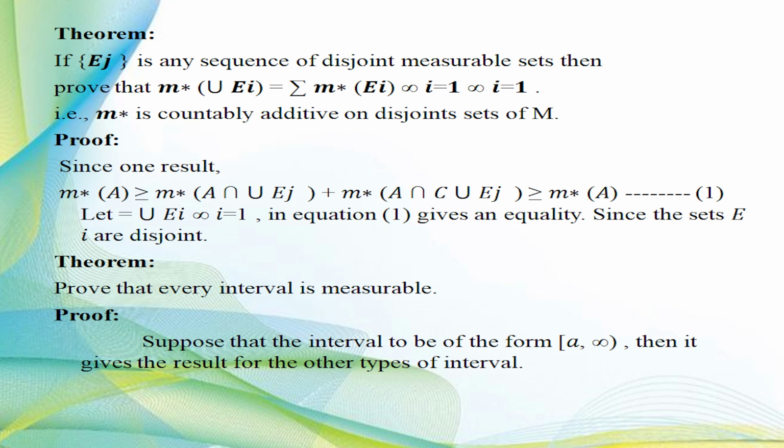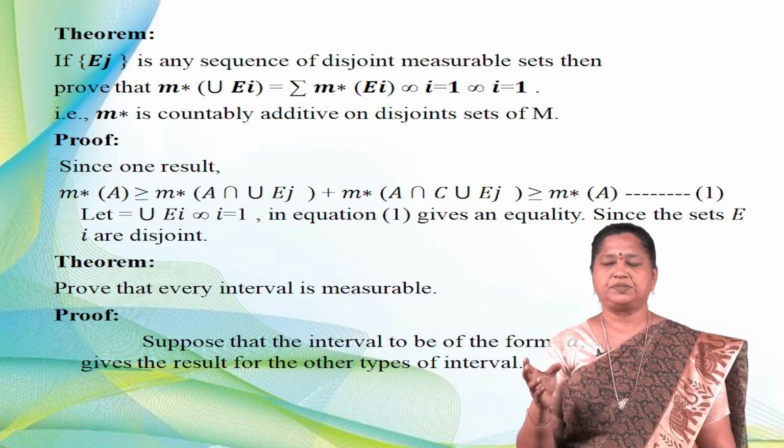The proof is: suppose that the interval is of the form half open interval (a, infinity), any one we will take. The proofs for the other types of intervals are similar.